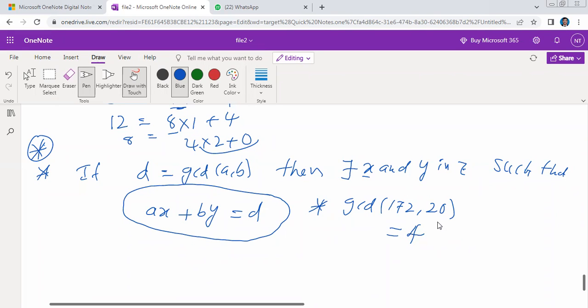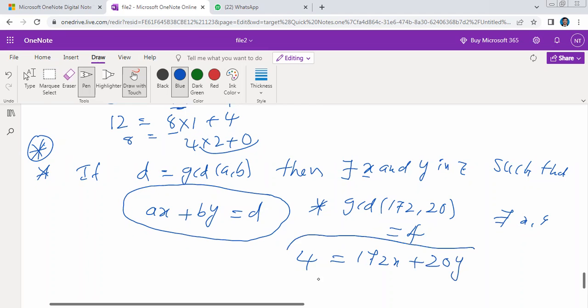GCD of 172, 20 is equal to 4. ఇప్పుడు నేను ఏం రాయొచ్చు చెప్పగలరా ఎవరైనా దీన్ని? 4 is equal to there exist two numbers X and Y, 172X plus 20Y. Right. So 172X plus 20Y is equal to 4.